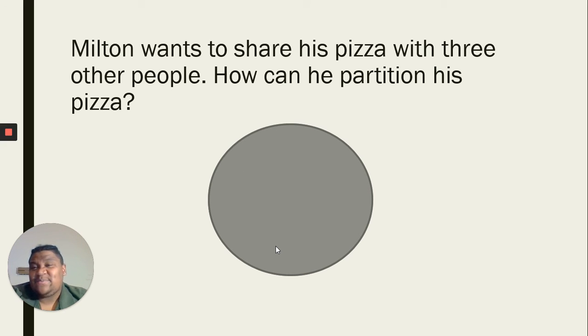Milton now wants to share his pizza with 3 other people. How can he partition the pizza? I want you to think about how he can partition his pizza. Just like that. And what do we call it when we have 4 equal shares?